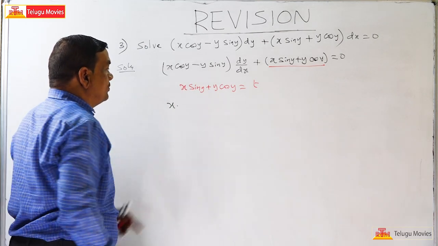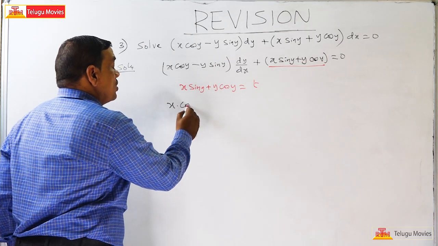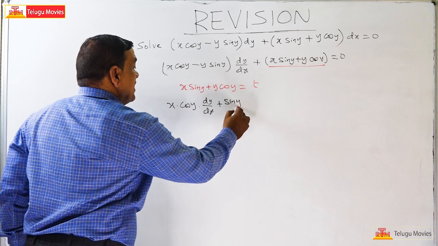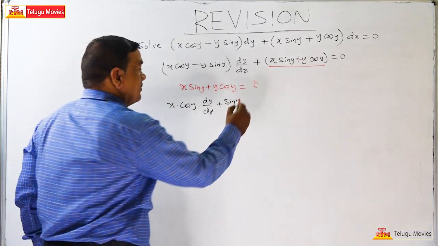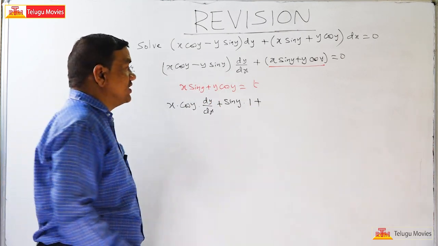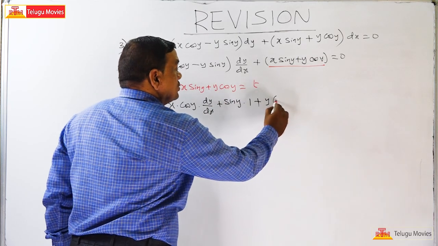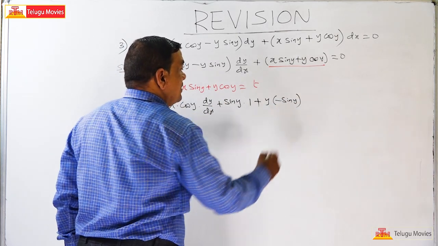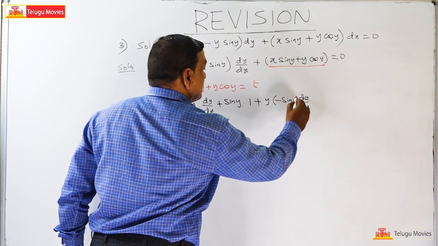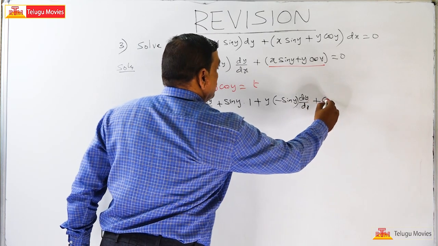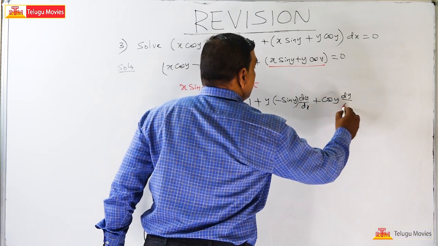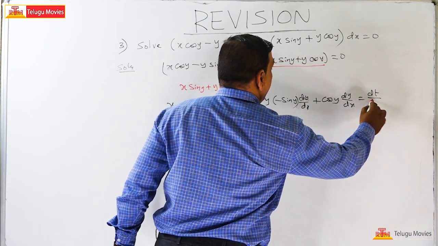This is x into the derivative of sin y, cos y, again y derivative dy by dx, plus sin y into the derivative of x, 1, plus, next, by the u into v formula, y into the derivative of cos y, minus sin y into again y derivative dy by dx, plus cos y into the derivative of y, dy by dx, is equal to dt by dx. Okay now.